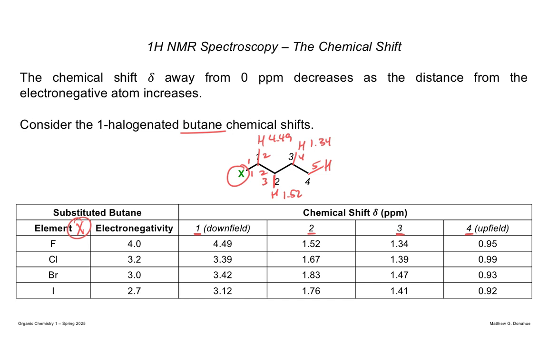This is 0.95. So what this is telling you, the further you get away from that heteroatom, the more it resembles methane. Or stated another way, it's like in tug of war, the person at the end of the rope is not really feeling all of the force that's being tugged on the rope.